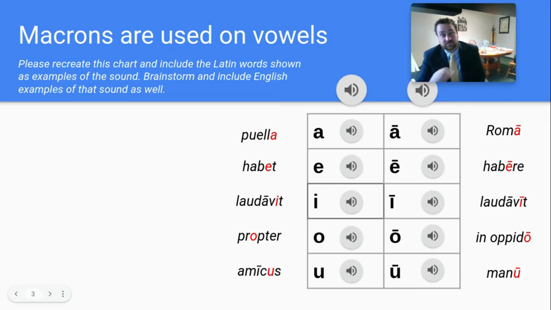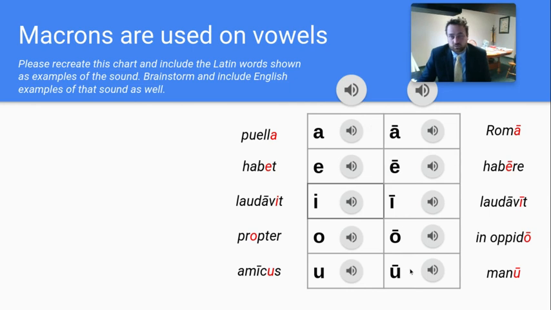If you've had Spanish, you know that the vowels are a, e, i, o, and u. The names of the letters, when you actually say the alphabet, are a, e, i, o, u, and the sound that they make is their name.